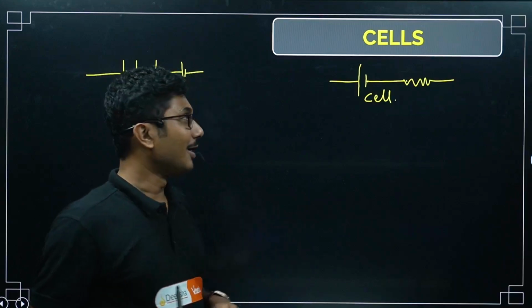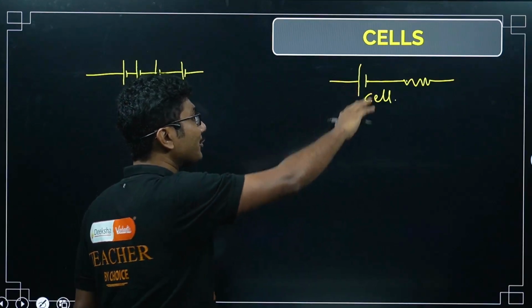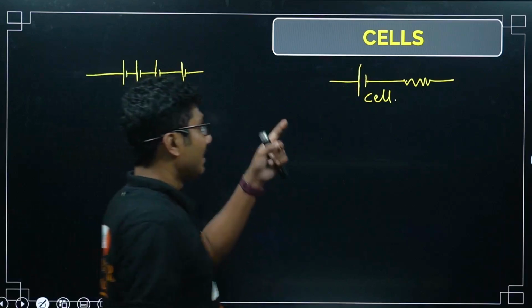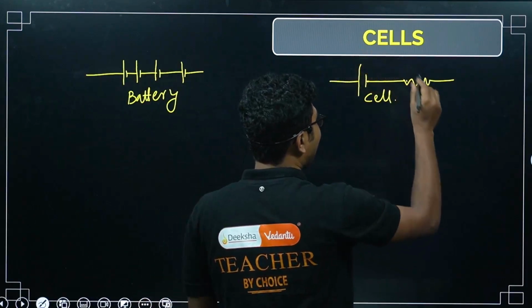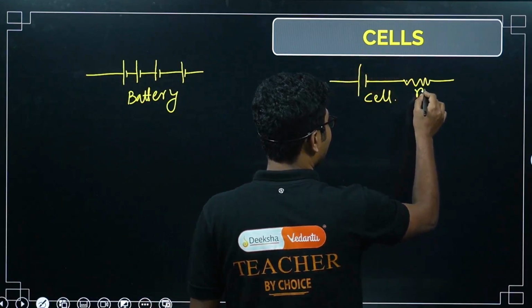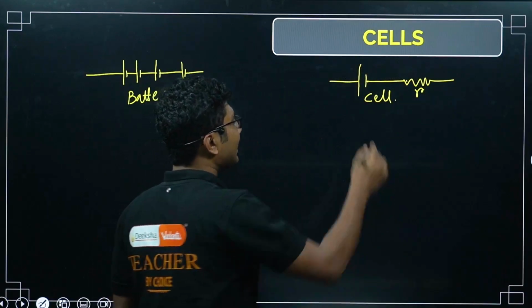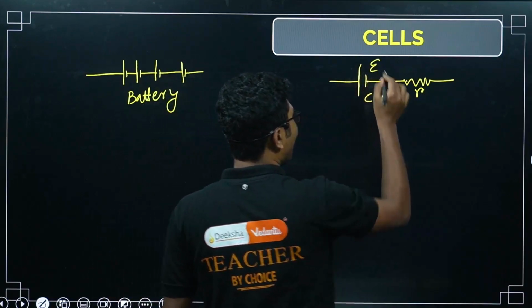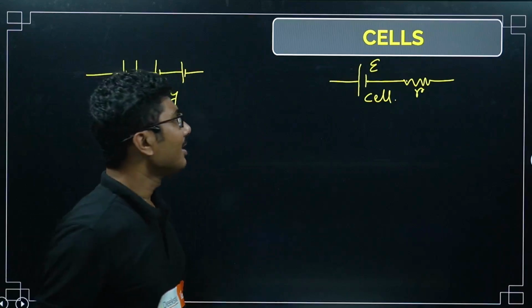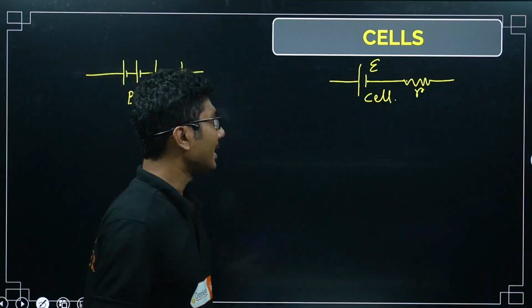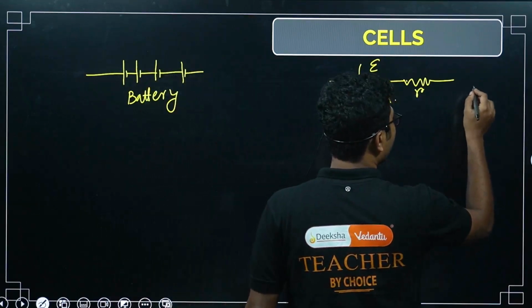But for now, you should know that a cell means there is a source of power supply and there is an internal resistance R. Okay, and the power that is actually supplied by the cell, or the voltage of the cell, is called EMF, electromotive force, not voltage.